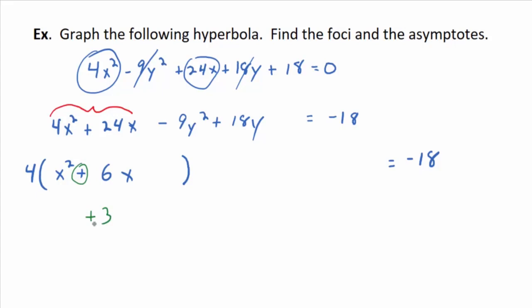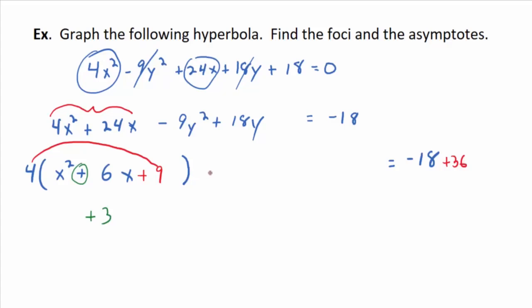And then what do you do with that plus 3? Square it and add it, right? So you square it and add it inside the parentheses, and that completes the square. But what did you really add? You really added 36, so you've got to add 36 to the other side. Before you forget, do it right away. Does that make sense?